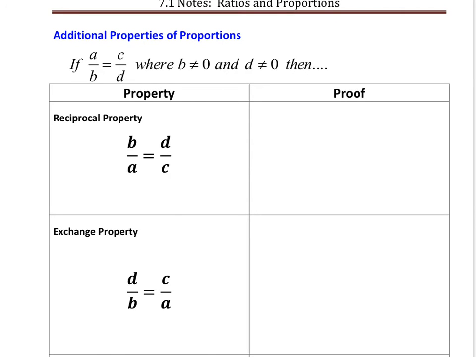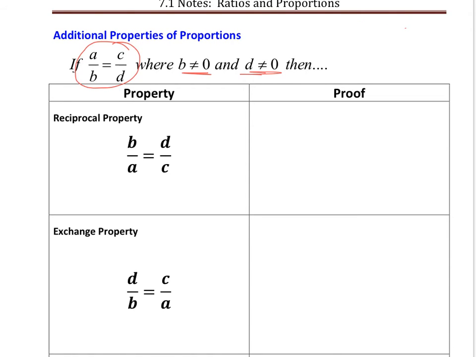We know that the cross product says that if A is to B as C is to D, and of course the denominators are not zeros, then we know that AD equals CB. That's the cross product. So why is that true? Well, I'm going to attempt to prove that right here.